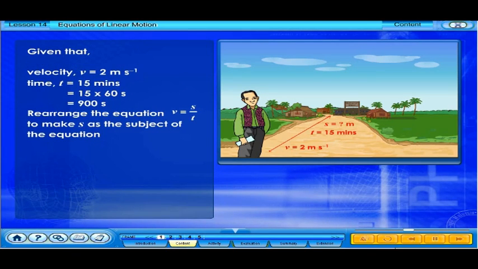Given that velocity v equals 2 meters per second, time t equals 900 seconds, rearrange the equation v equals s over t to make s the subject of the equation. s equals v times t. The distance to the restaurant is 1,800 meters.